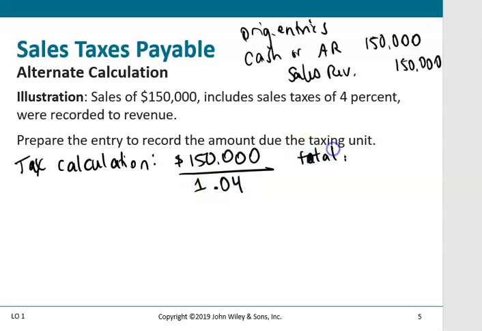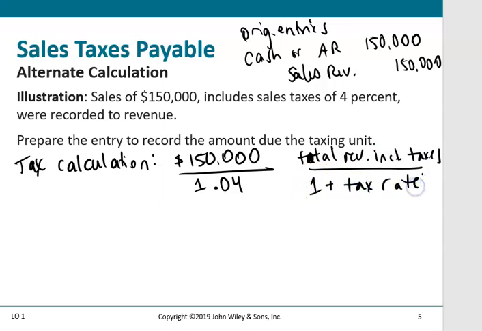Here's our total revenue, including taxes. Divide this by 1 plus the tax rate. And when we solve, we get $144,231. This $144,231 represents the sales revenue before taxes.